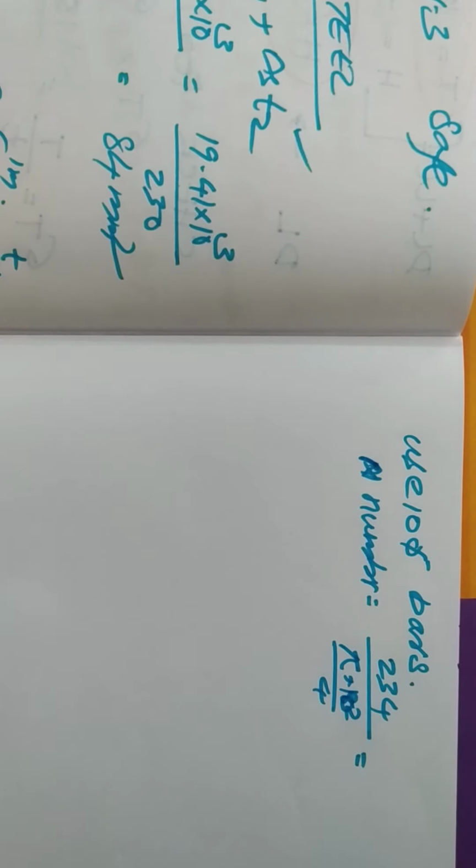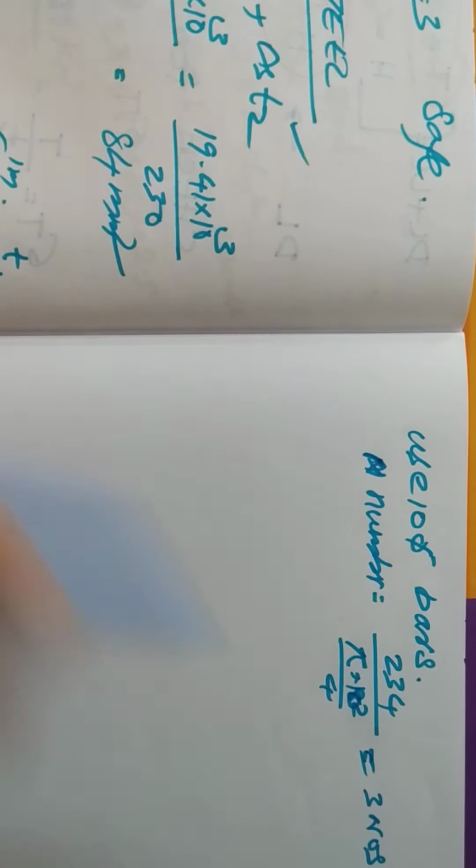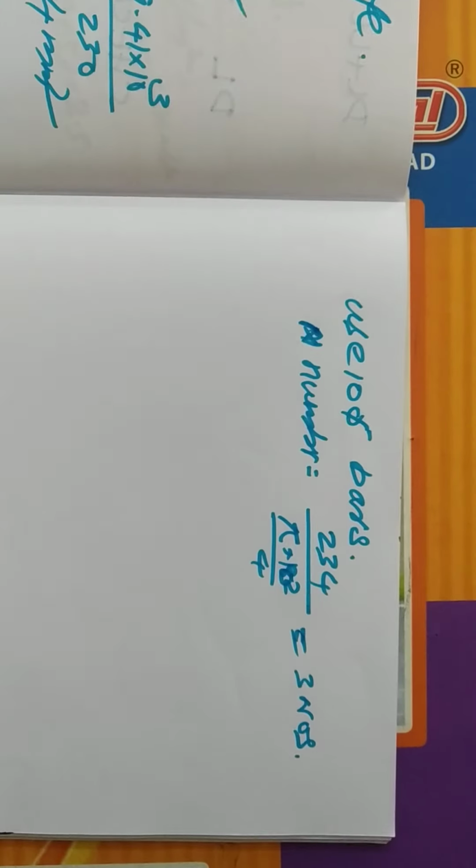Okay, so this will come 234 divided by 78.5. This is coming approximately 3 numbers. So you can use 3 numbers bars.